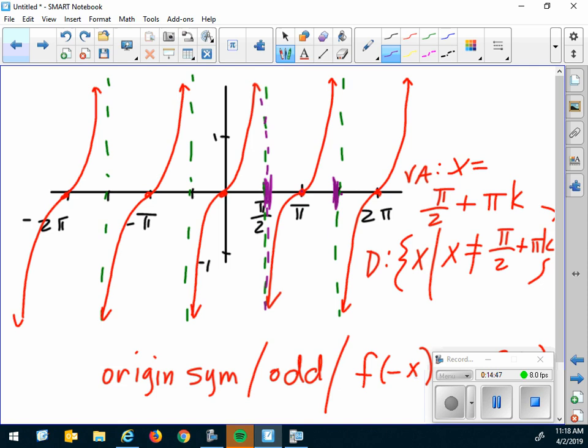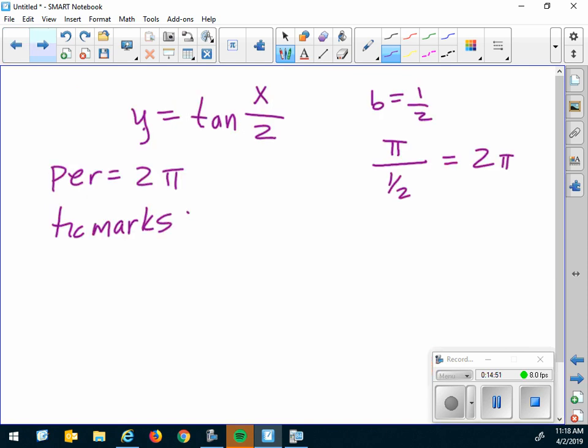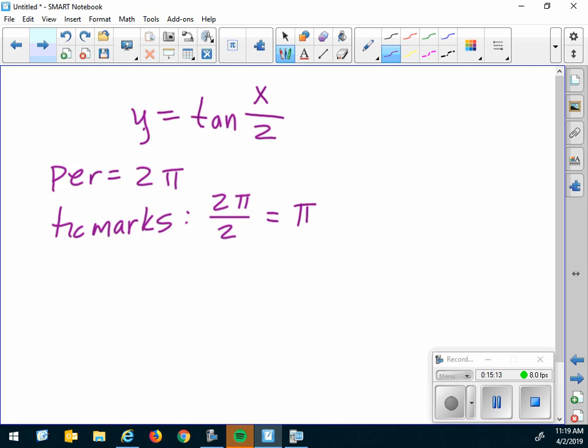So what you're going to do then is your tick marks are going to be the period, the new period, divided into 2 equal parts. So your tick marks, your spacing on tangent, is the new period divided into 2 equal parts. So let's make a quick sketch, okay?